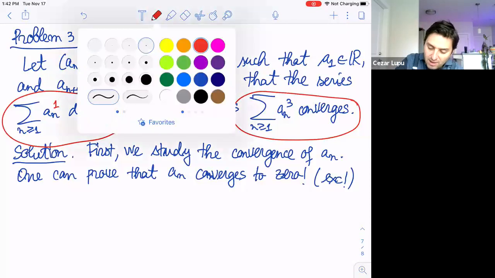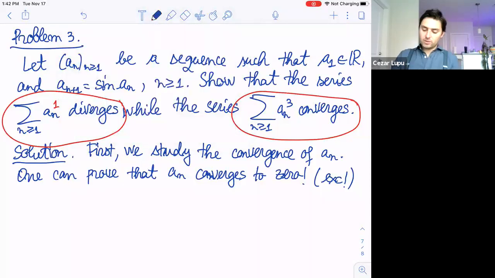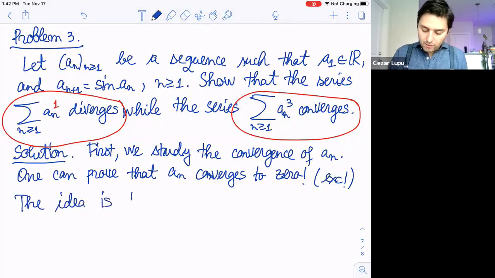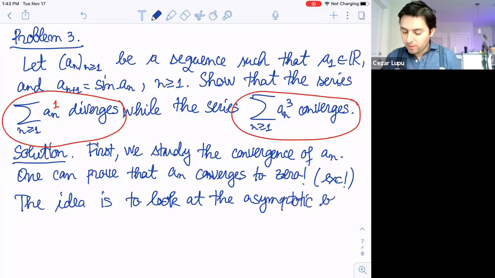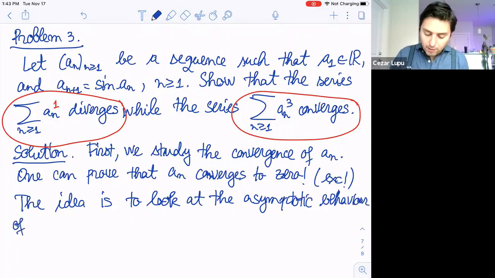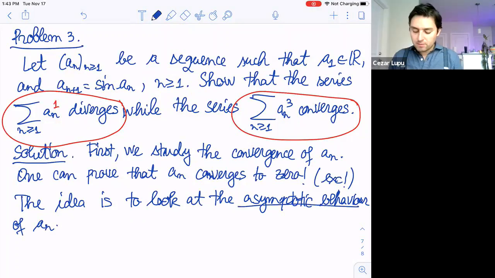So the trick here is to look at, okay, I'm going to just say it the way it is, the asymptotic behavior, whatever that means, I'll explain immediately, of a_n. And in fact, I just need the first asymptote.